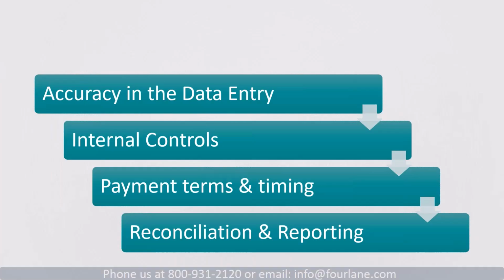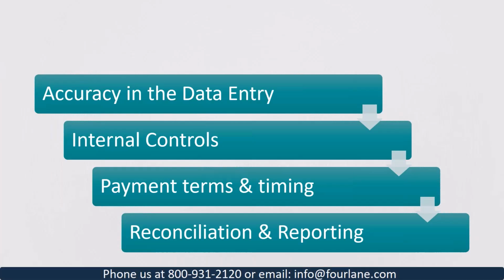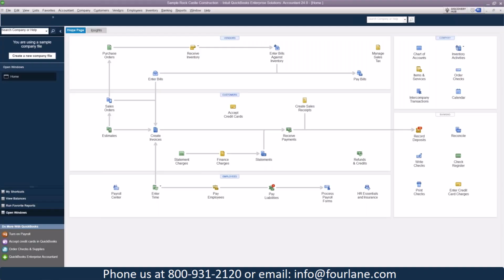So let me hop over to my sample file and let's just talk about the AP role itself. They have a lot. They wear a lot of hats because yes, it is paying bills and entering bills, but you have to think about when they're doing these processes, we need to make sure that there's compliance.